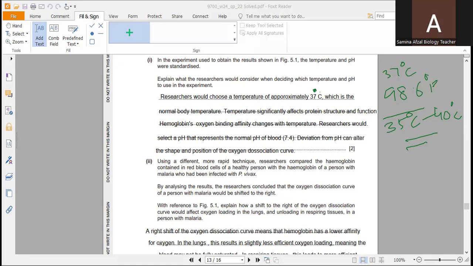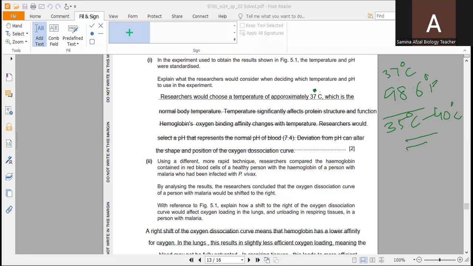Standardizing these conditions is essential for obtaining reliable and comparable results that accurately reflect hemoglobin function in the human body. So I have explained the answer.